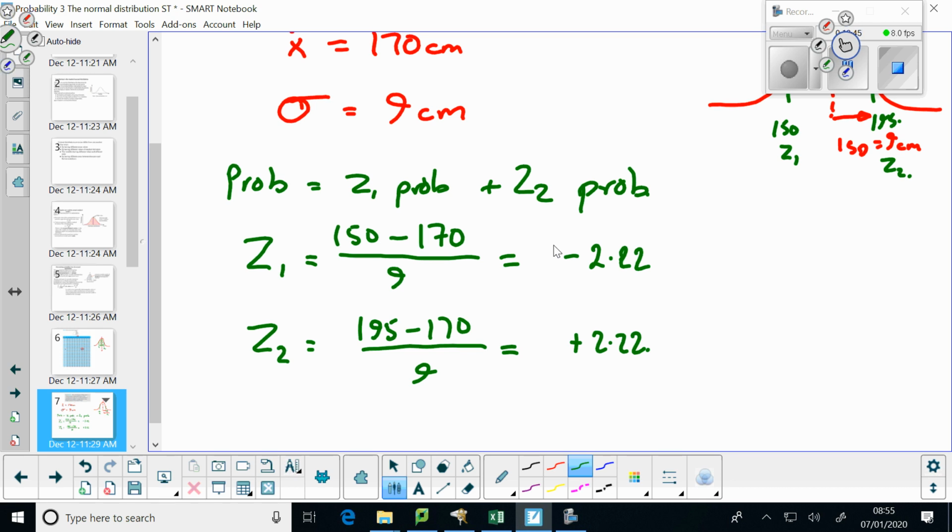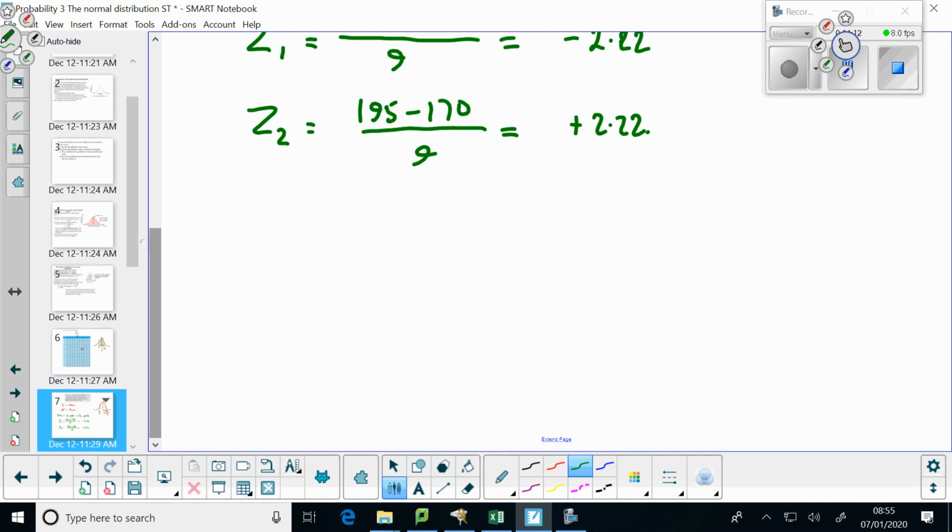The negative sign means that it's to the left of the mean, and the positive sign means to the right. So you need to go to your table and find the probability for Z1 and the probability for Z2.